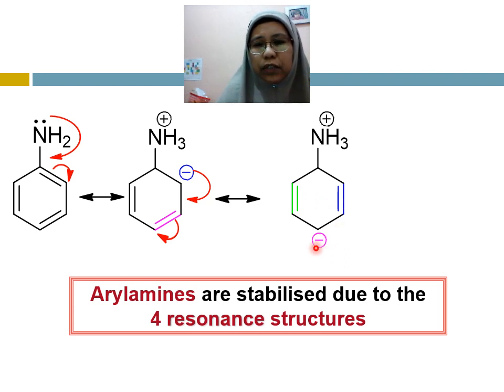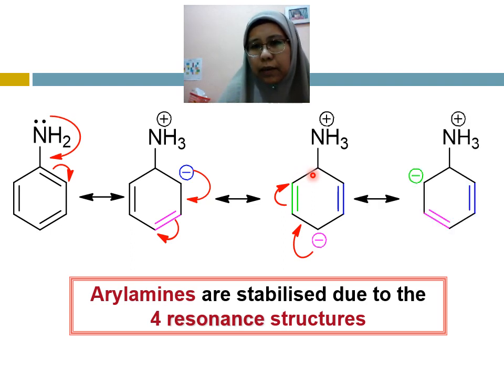The negative charge now is at carbon number 4. Then it will move again to its adjacent carbon and will make the double bond move to the next carbon, as we have shown here. So again, the negative charge moves.